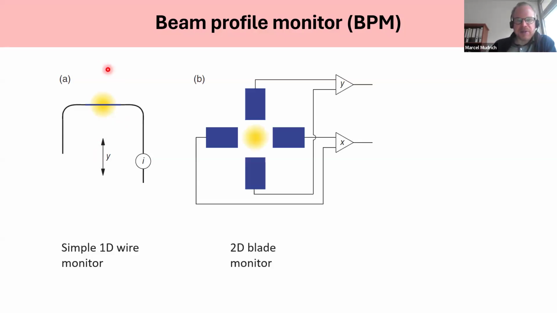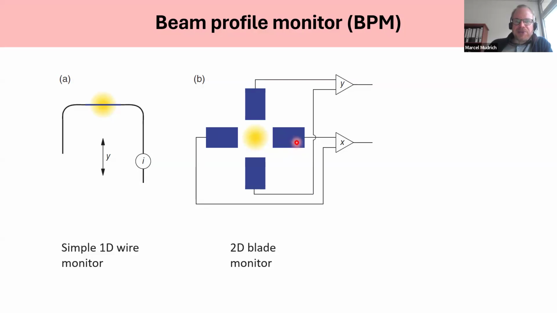There's better ways to get two-dimensional information, also very simple. These would be just metal blades that are moved in vertically or horizontally. And then by cutting into the beam, we would start emitting electrons from the blades, which can be measured as a current, just like in the wire case.